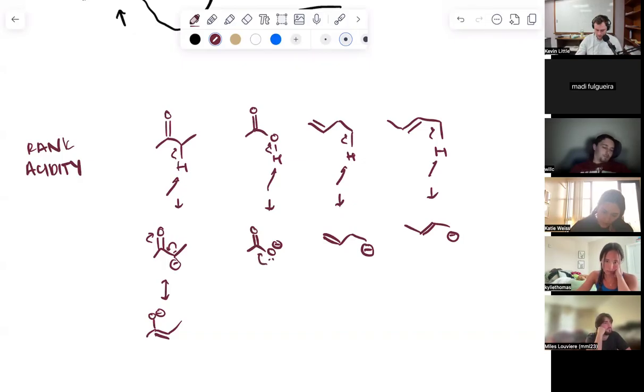Yeah, I can push these electrons up into here. Does this one have resonance? The third one? No, I can't push these electrons anywhere. That does not happen. Does this one have resonance? Yes.